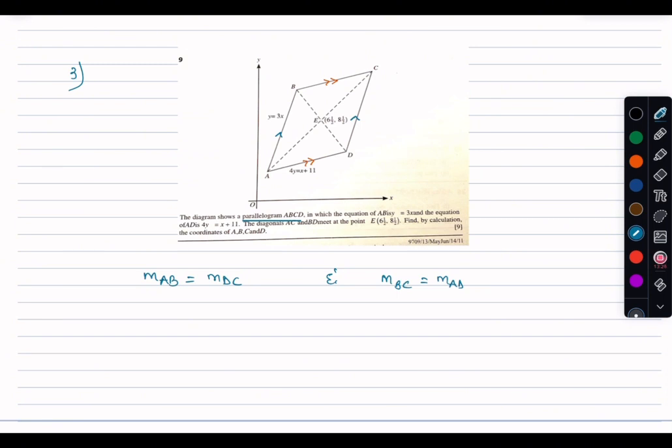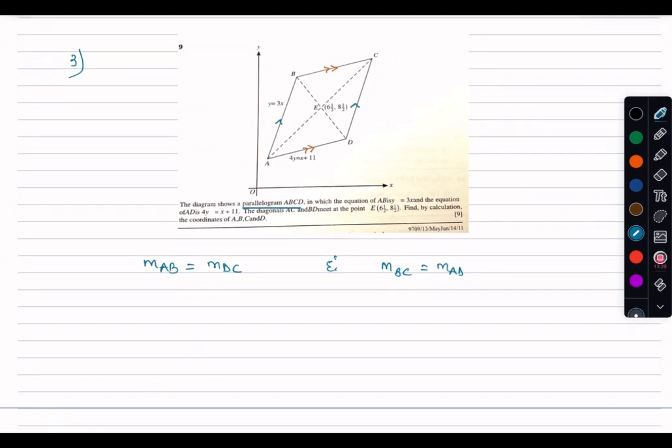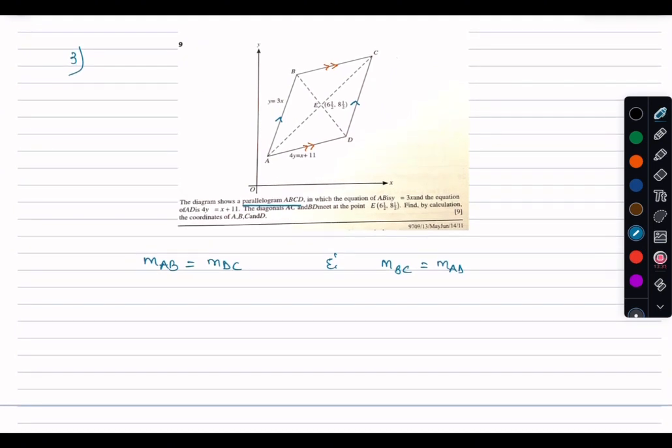Then they are saying that the equation of AD is x plus 11. So let's take the data. Equation of AD is 4y equals x plus 11. And they have also given us the equation of AB, which is y equals 3x.